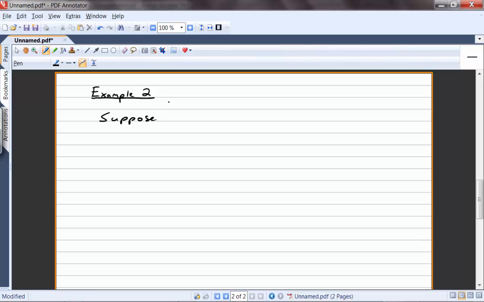Suppose the user is possessed with the following knowledge initially. We'll label it K sub I for the initial knowledge that they have.